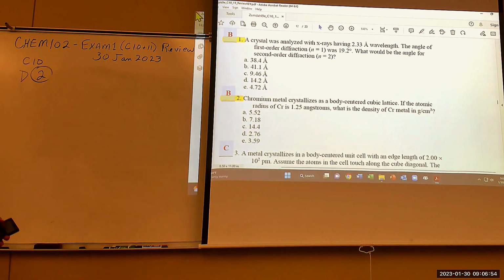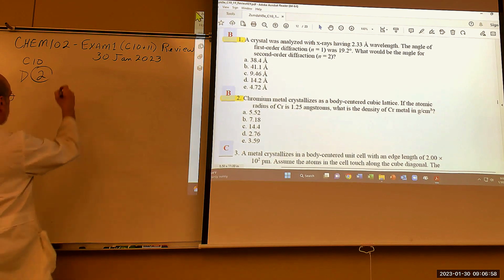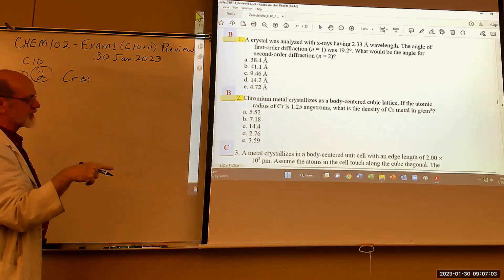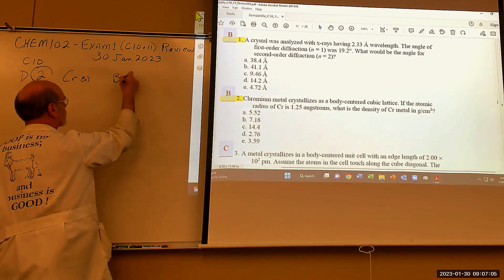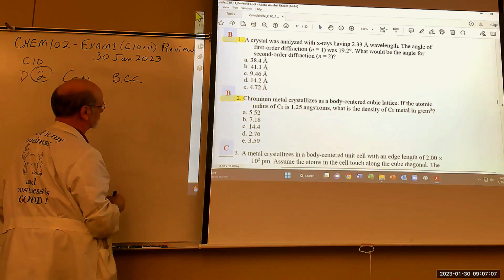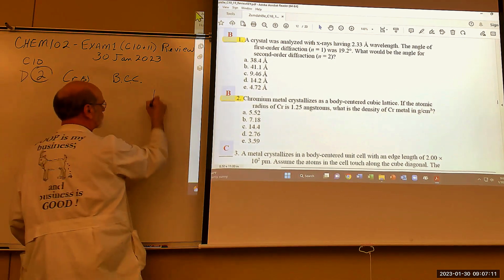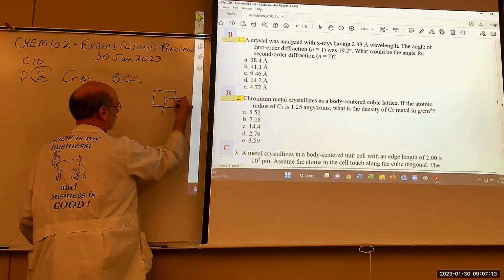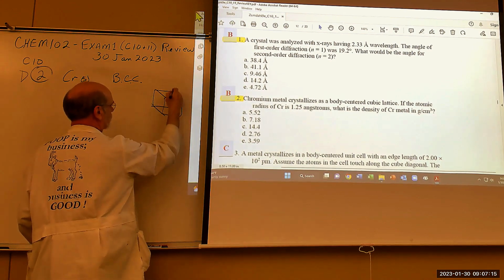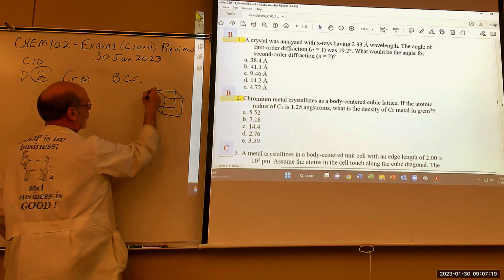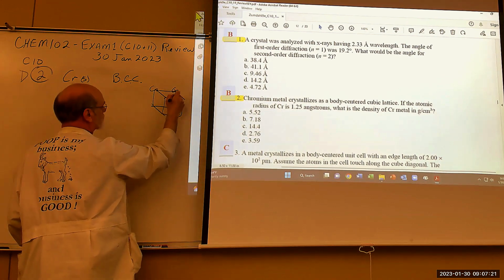chromium metal crystallizes as a body-centered cubic lattice. Okay, so we've got chromium, solid, and we know that the unit cell is a body-centered cube. Remember what the body-centered cube looks like. So we've got a chromium at each one of these corners.